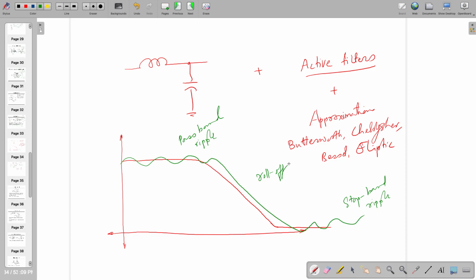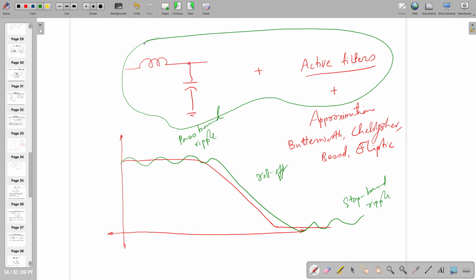I'm telling you that if you are designing any filter with the following approximations, where your major concern is either passband ripple, stopband ripple, or roll off, then you have to choose the approximation accordingly.